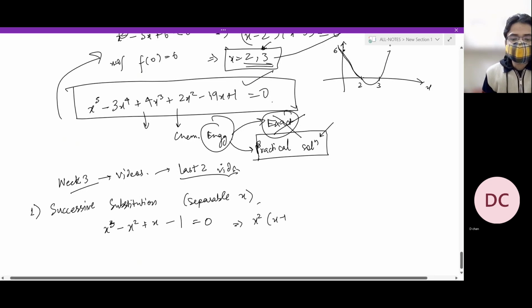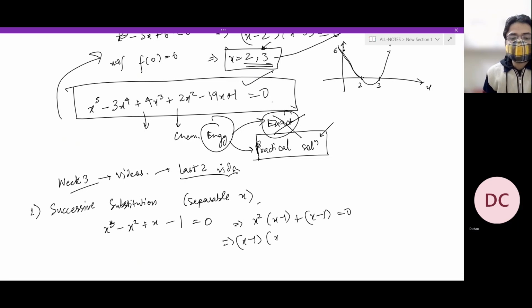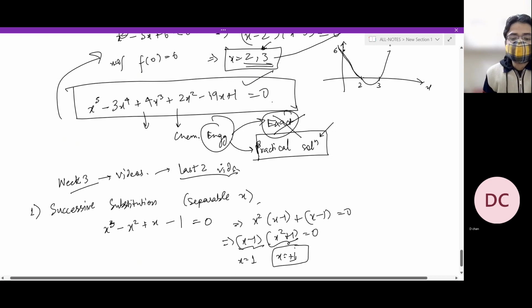You can actually factorize it like this: x minus 1, x squared plus 1 equals 0. So one of the roots of this equation is x equals 1. And the other roots are x equals plus minus iota, right? Do you understand iota and imaginary numbers? Yes, sir. Okay, that's perfect.